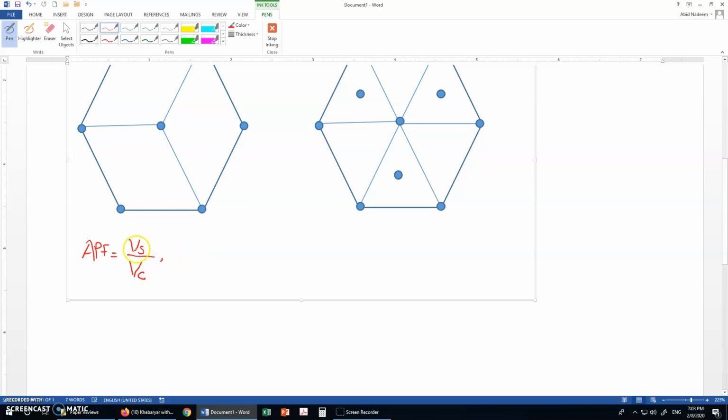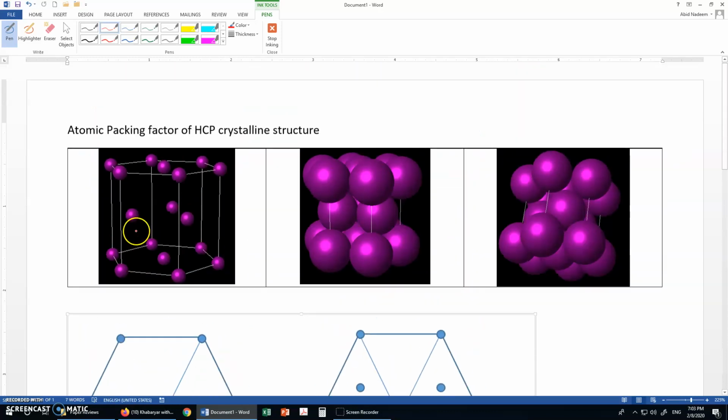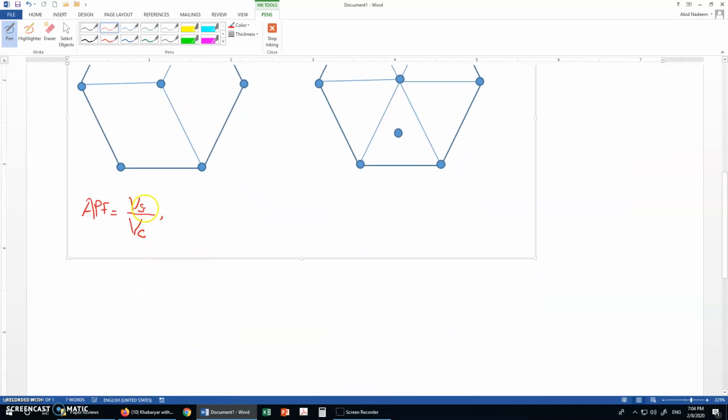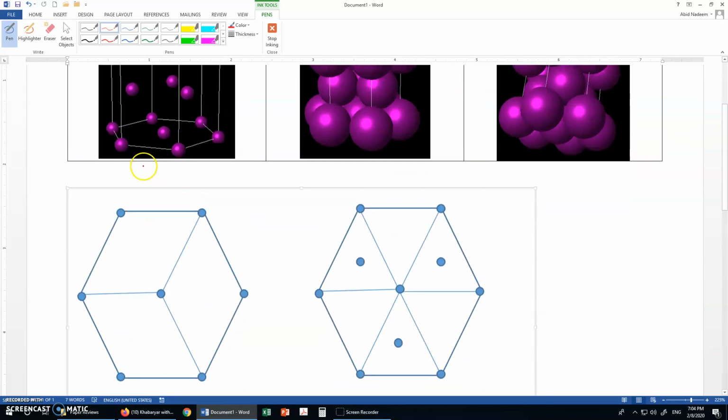So we determine both these quantities one by one. What is the volume of the solids? The volume of the solids means the volume of these spheres. Actually Vs is the volume of the spheres.